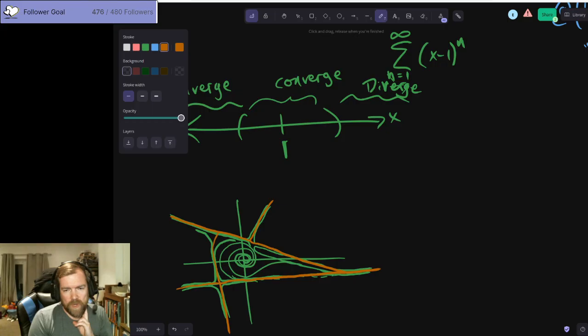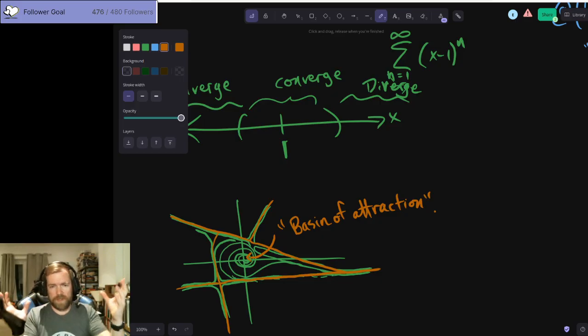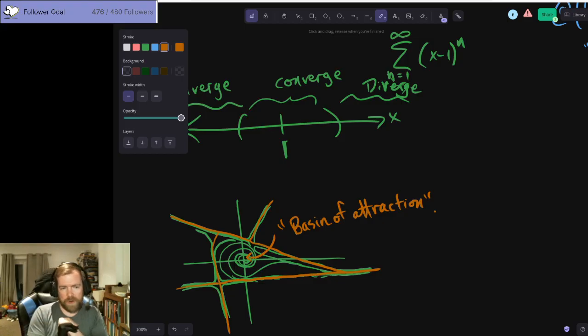This ends up being what's called a Basin of Attraction. Anything within a particular area will have this particular behavior.